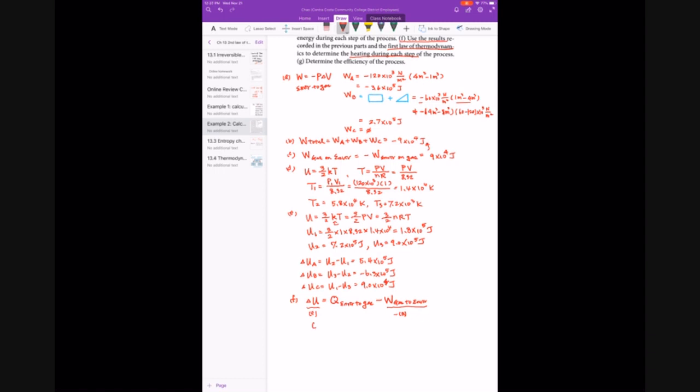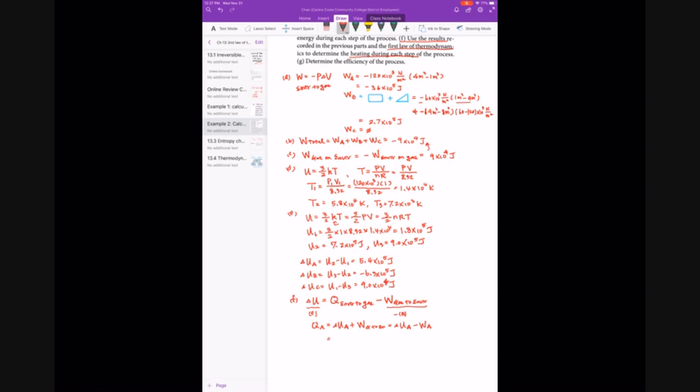So if we look at the Q here for the process A, the Q will be the change of the UA. And over here, you're going to put the positive of the work of gas to environment, which will be change of the UA minus the work of A that we did previously.